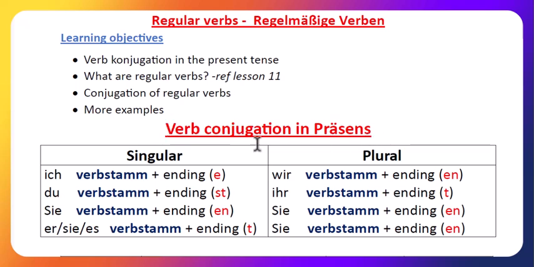The pronouns we know. If you want to conjugate a verb, you do it with the help of the pronoun, because in the sentence there may be no pronoun in it, but you can conjugate it according to its pronoun. In lesson 11, the examples were Kwame, Kofi, Ama.